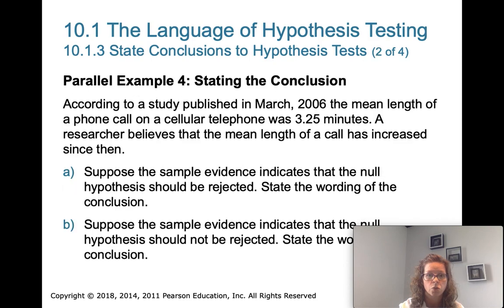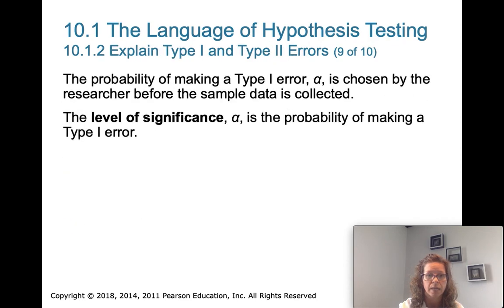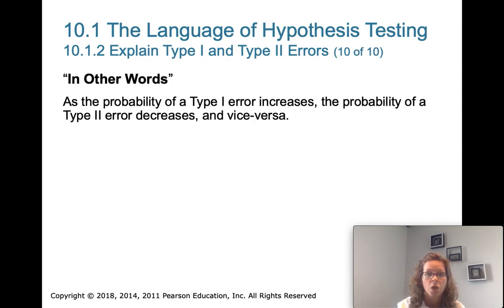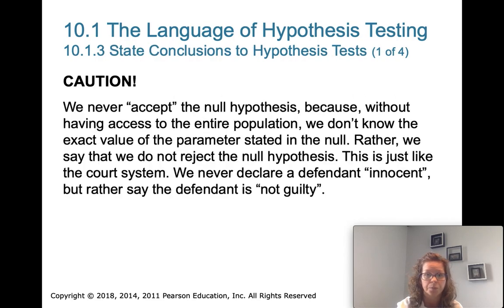So if we would have a 95% confidence interval, our alpha level would be 0.05. So it's the flip side of that. And it's the probability of making a type 1 error. So as the probability of making a type 1 error increases, the probability of making a type 2 error decreases. They kind of balance each other out that way.